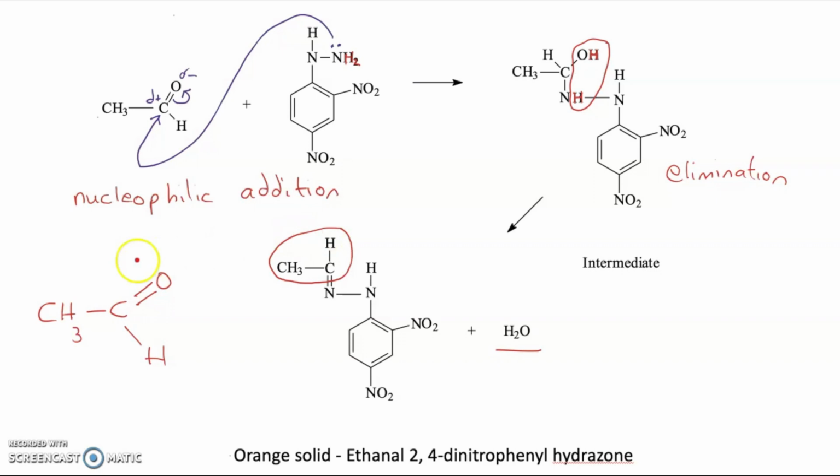When propanone reacts with 2,4-dinitrophenylhydrazine, the orange solid that you get is called propanone 2,4-dinitrophenylhydrazone. So all you do is you put the name of the aldehyde or ketone first, and then you change 2,4-dinitrophenylhydrazine to 2,4-dinitrophenylhydrazone.